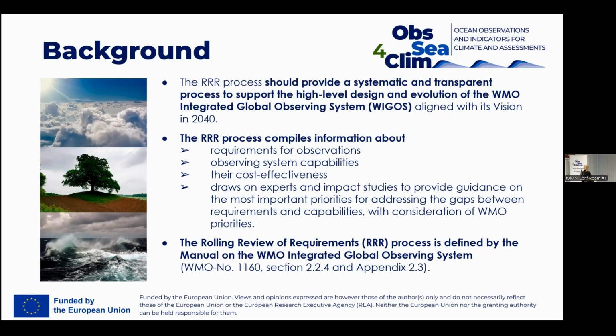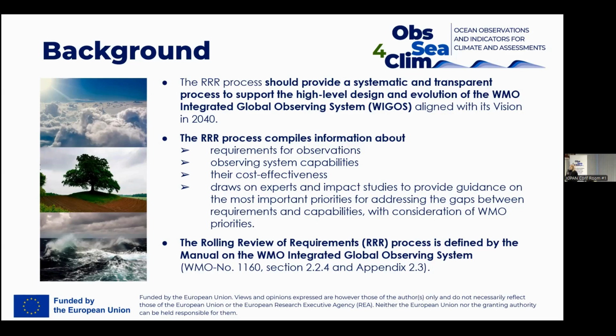This rolling review requirements, the acronym is RRR, so it is easier. The process compiles information about the requirements for observation, and these requirements come from the users of these observations, and initially were the operational centers for numerical weather prediction.